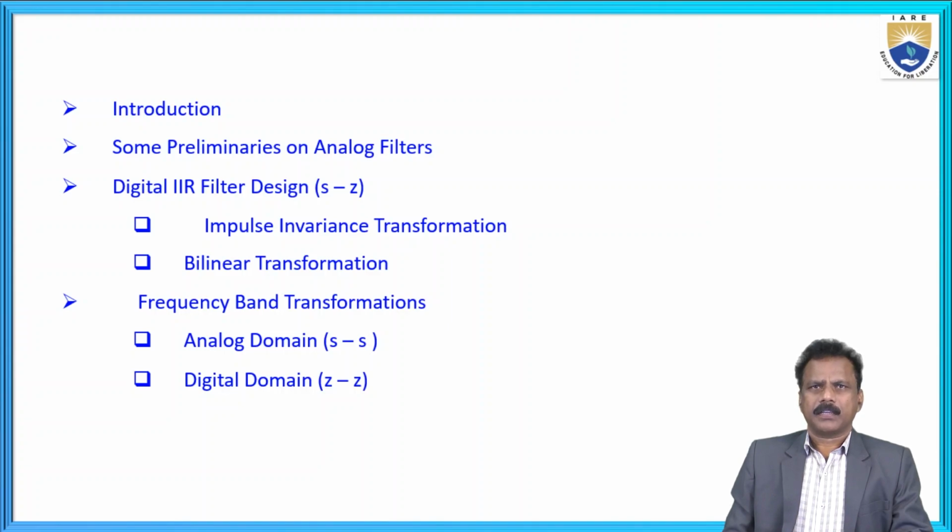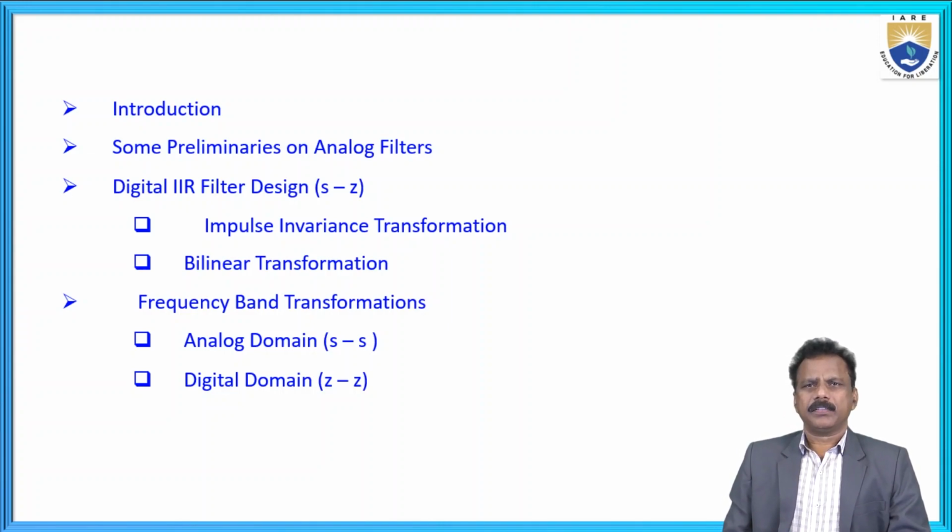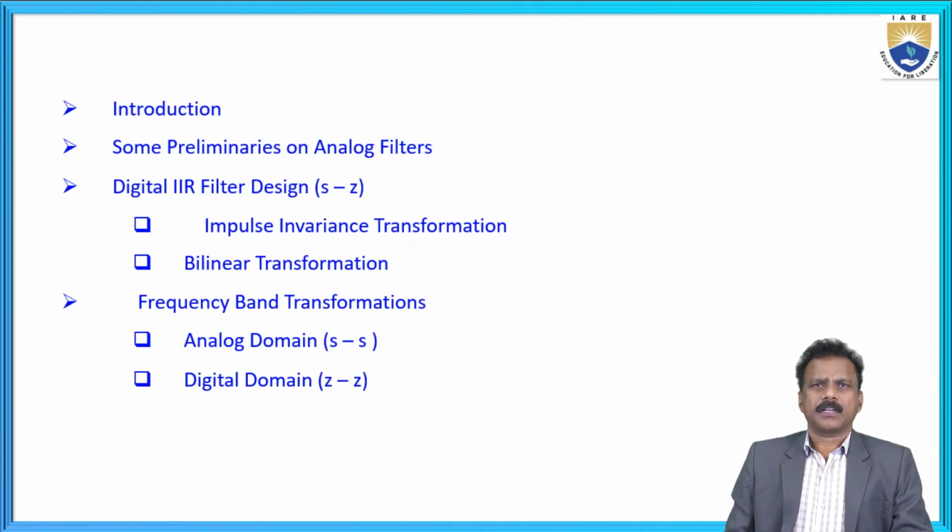How do we design the IIR filter? One technique is impulse invariance transformation, the second is bilinear transformation, and the third is frequency band transformation, which is S to S in the analog domain and Z to Z in the digital domain. This is the material for designing a digital IIR filter.